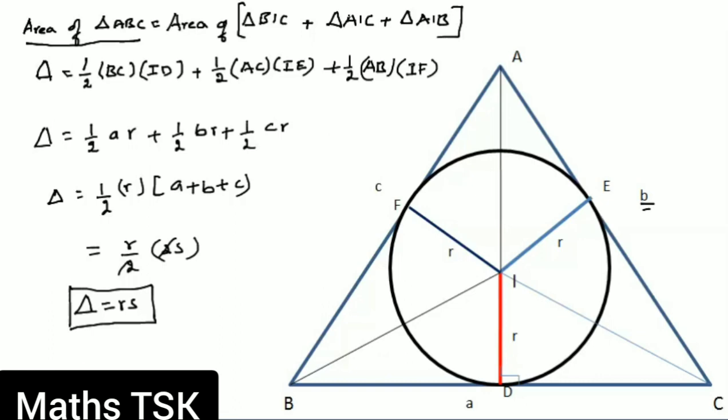Writing each area as half into base into height: base a, height r; base b, height r; base c, height r. Half into r taken common, a plus b plus c is 2s, the 2 gets cancelled, delta is equal to rs. That is the proof of the first one.